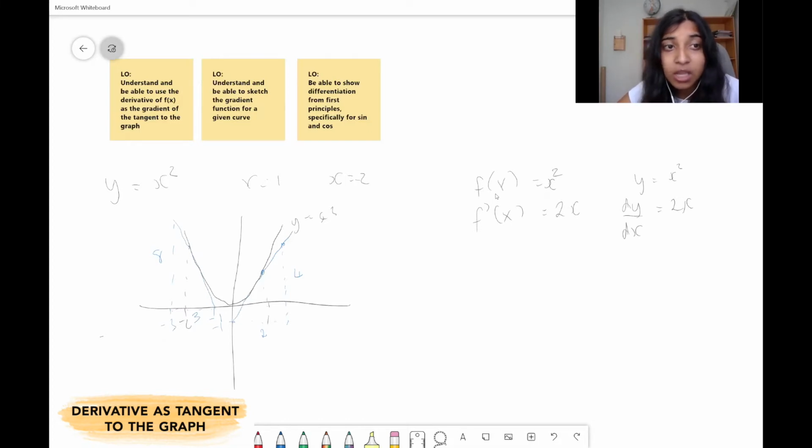So let's say we wanted to find the gradient of this curve, y equals x squared, at specific points, x equals 1 or x equals 2.